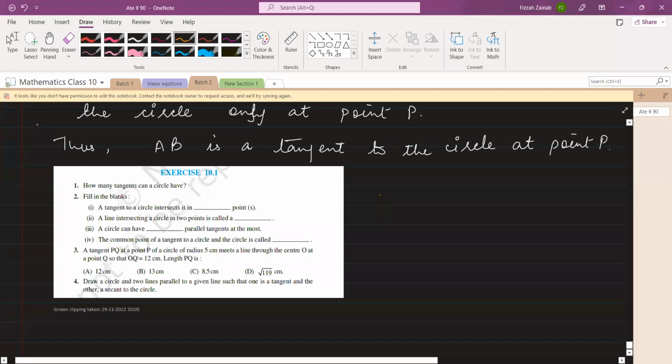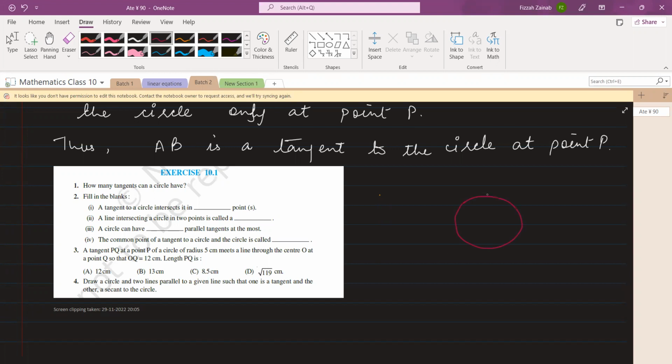All right. Now see here. First question. How many tangents can a circle have? Any answer? Infinite. Yes, obviously infinite, right? So there can be infinite points on a circle. So every point can have its own tangent, right?